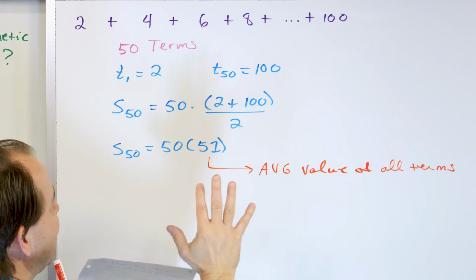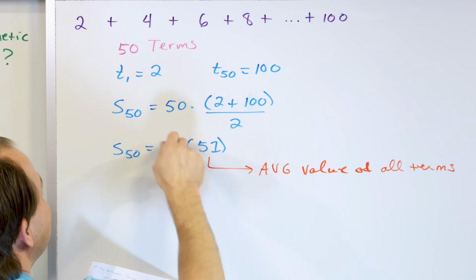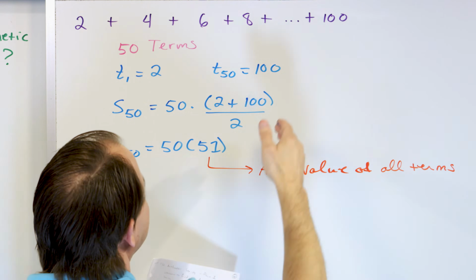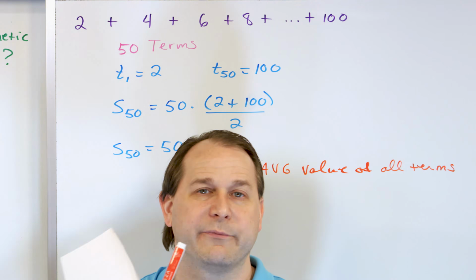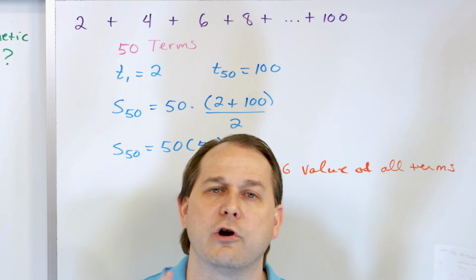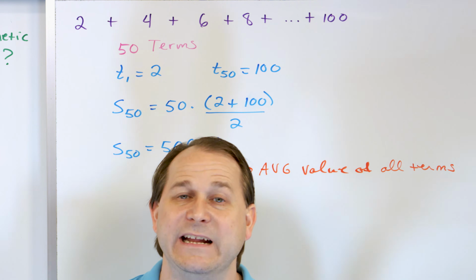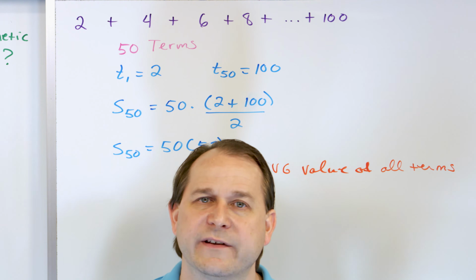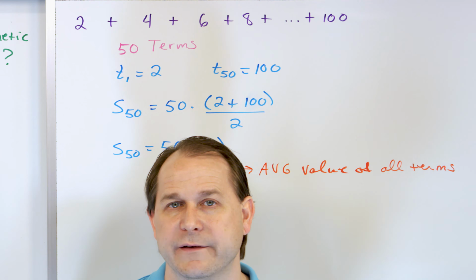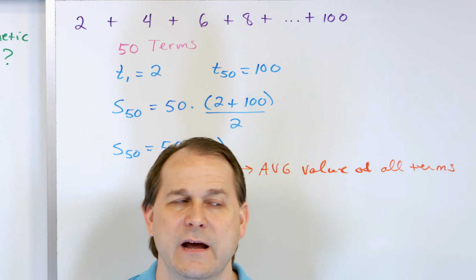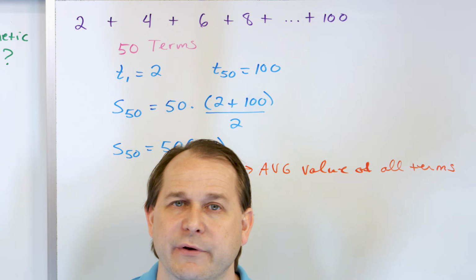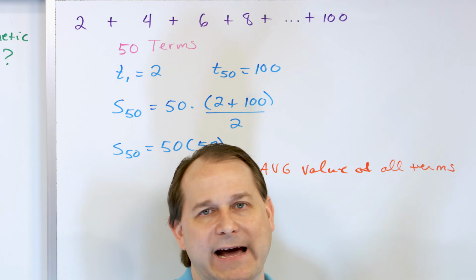So it all balances out, so that if I just take this and multiply by the number of terms I have, even though some of the terms are smaller and some are larger, on average, by taking the average value and multiplying by the number of terms, I'm getting the actual sum. And it's always going to work out that way, and the only reason it works is because the terms of an arithmetic sequence are all evenly spaced like that, right?